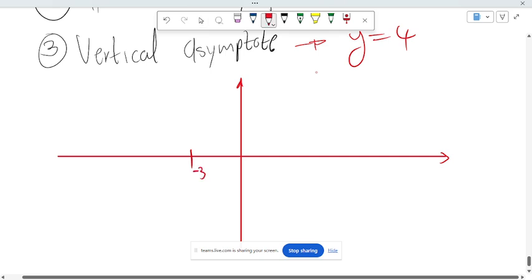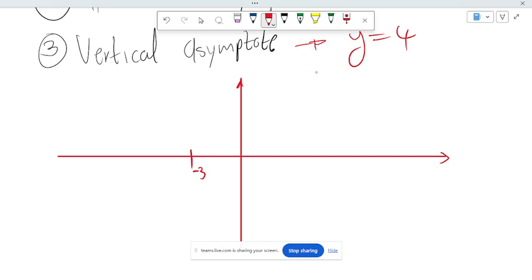So the asymptote, we draw the line like this. That's our asymptote, x is equal to -3. And then the other asymptote is y is equal to 4. So this is 4 here.